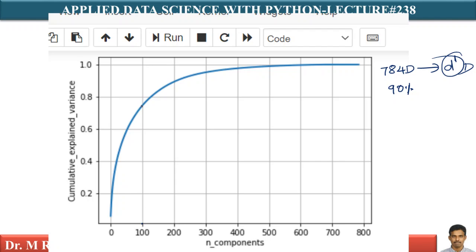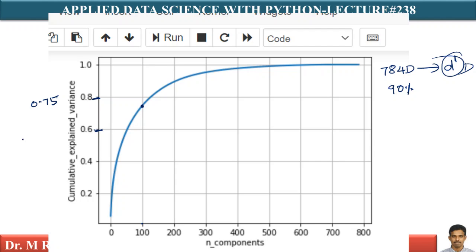Where is this point? It is in between 0.6 and 0.8, so it may be 0.75. Roughly it is 0.75.